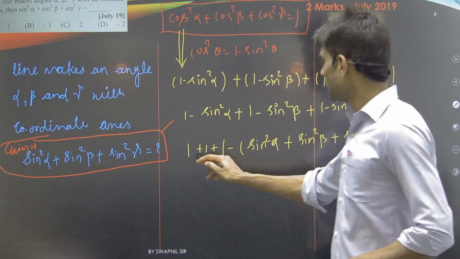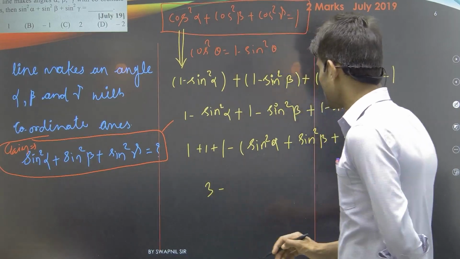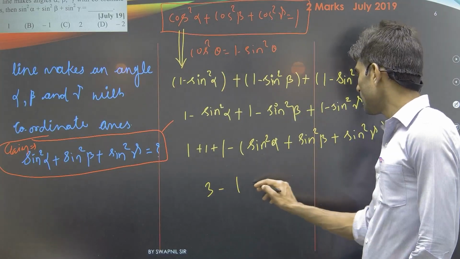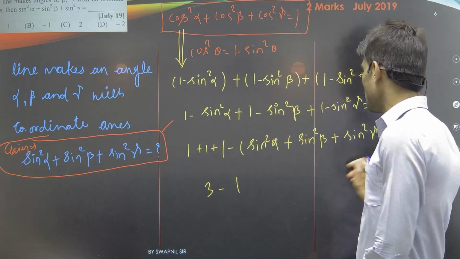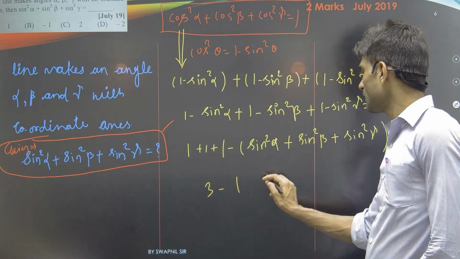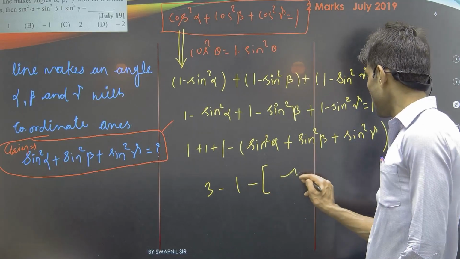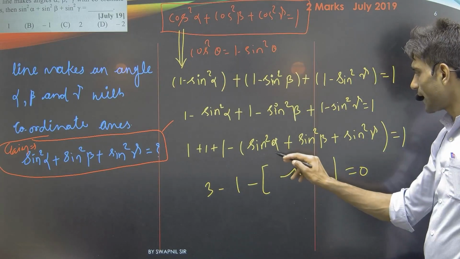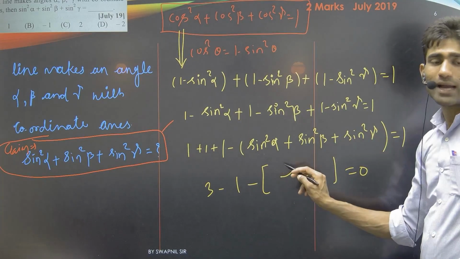So 1 plus 1 plus 1, which is a 3, minus sine square alpha, sine square beta, sine square gamma, keep as it is. And take that positive 1 here, so it goes to the negative 1. So plus negative 1, minus this step remains as it is, which is equal to 0. What I have done is kept the negative of sine square alpha plus sine square beta plus sine square gamma as it is here.